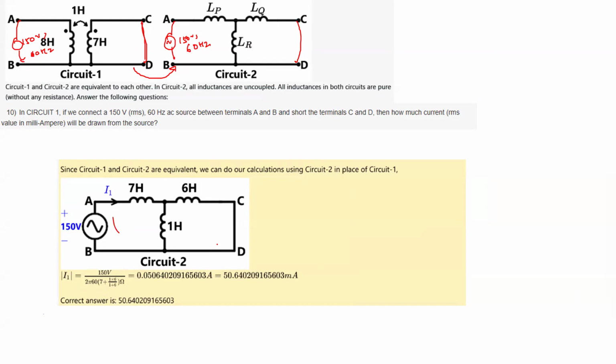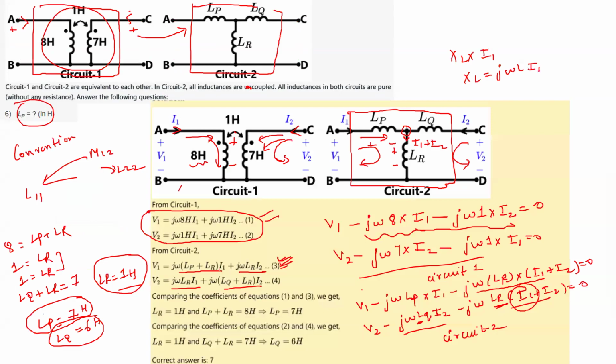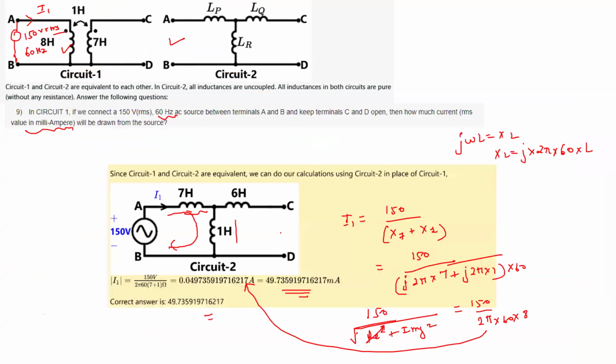If you read this, this is basically the T model representation of the two port network. There is a pi model representation also. Generally you will see that circuits having mutual inductances are converted to T model or pi model because it becomes very easy to solve these questions.